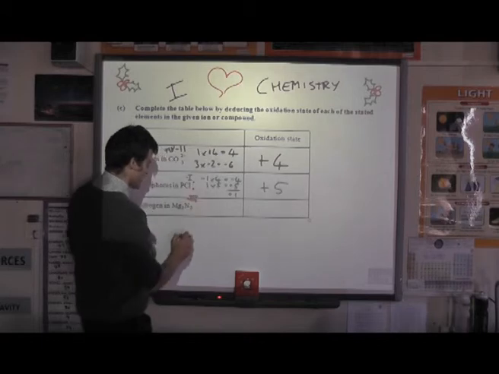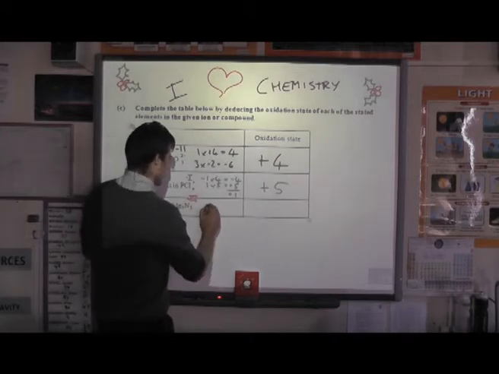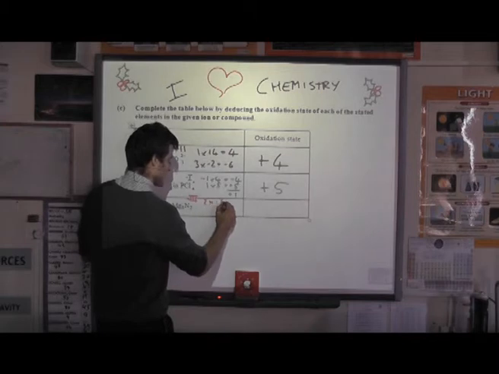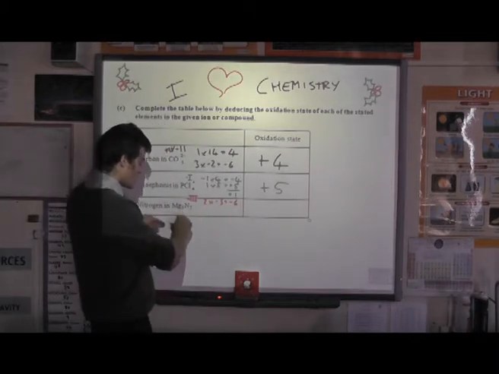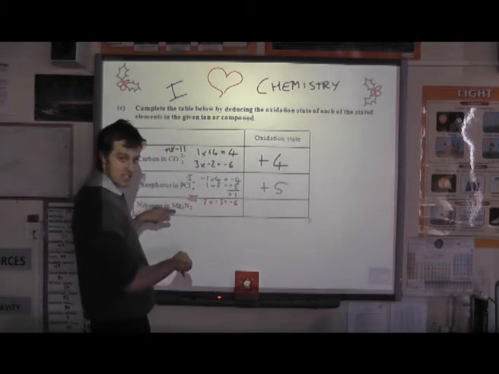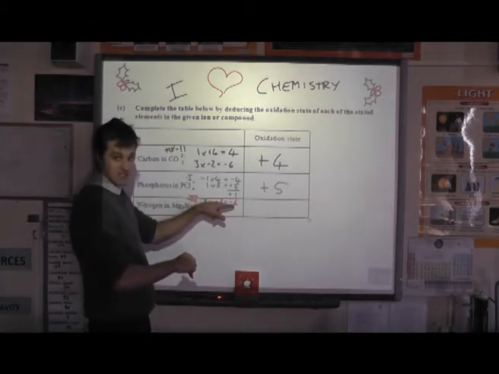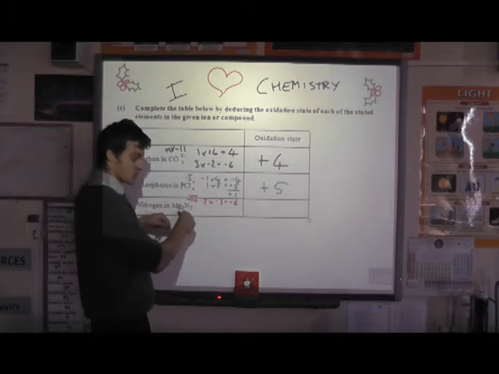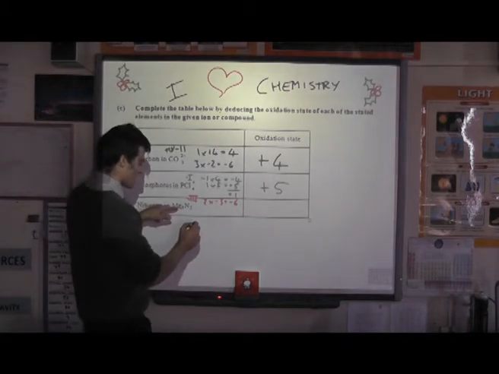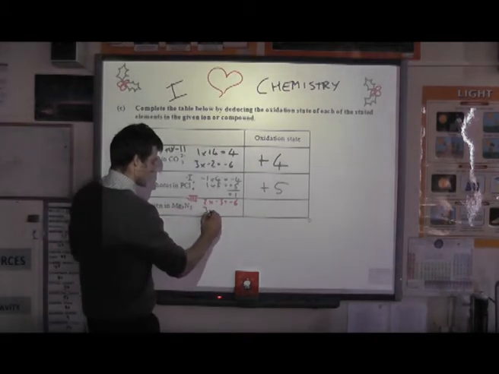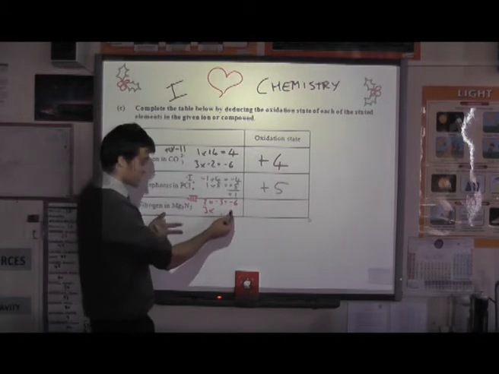Put the Roman numerals there. There's 2 of them, so 2 times -3 equals -6. Overall there's no charge, so the magnesiums together must equal +6 to cancel out the -6, because overall there's no charge in that ionic compound. There are 3 magnesium atoms, so what do you times 3 by to make +6?